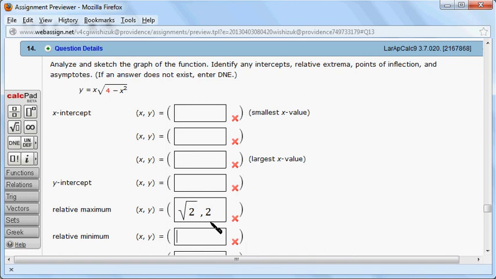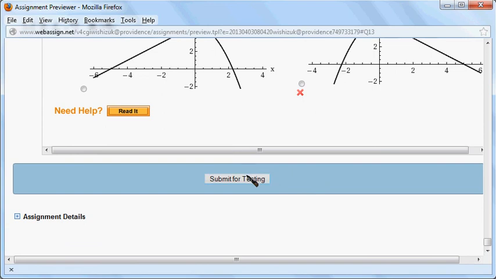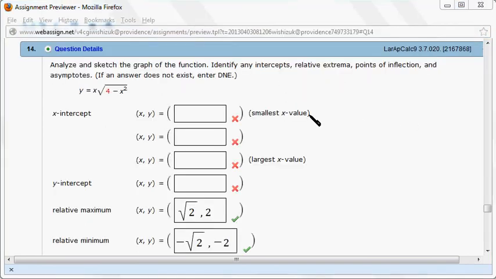Local min is negative square root of 2, negative 2. Right, so let's see if this is correct. Okay, it came back. We got the relative max and the relative min correctly. Right, that's it. I hope that this was clear.